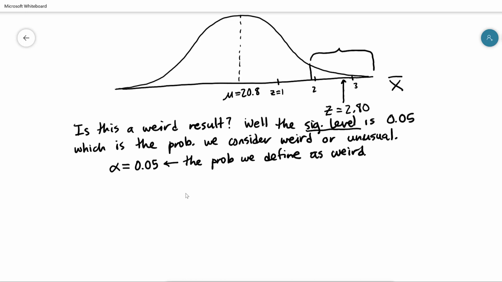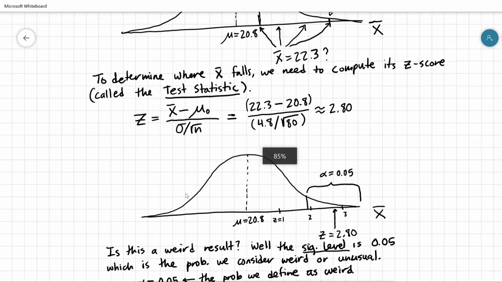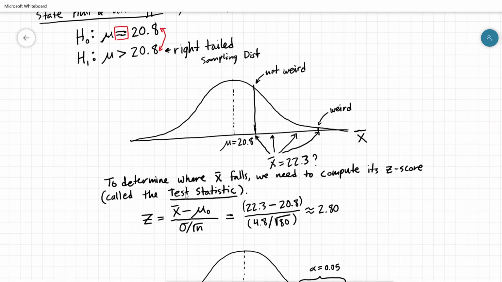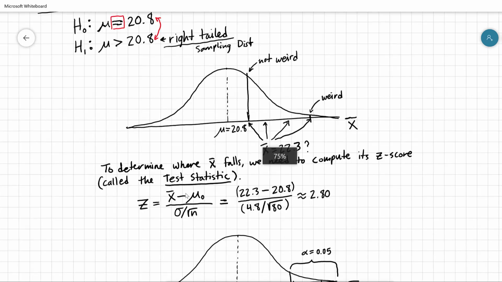Here's where alpha equals 0.05. The reason that I'm drawing it all on the right side is because we had a right-tailed alternate hypothesis.